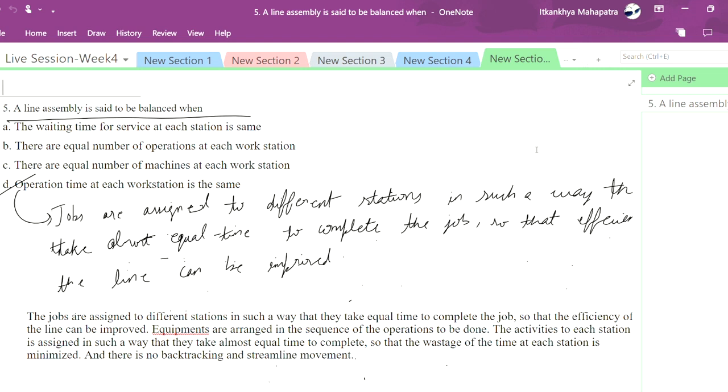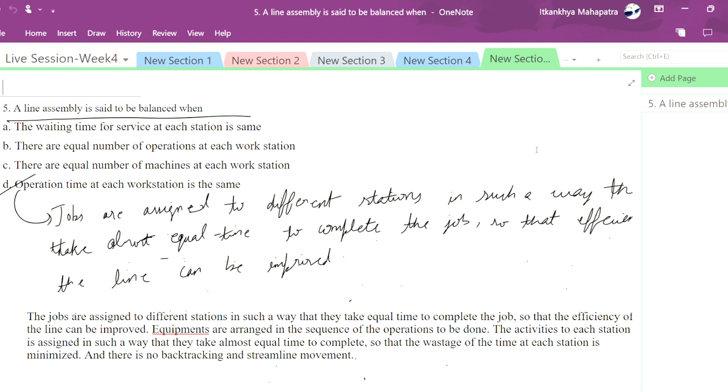So here we assign some work time to each workstation, and the activities are balanced so that we have a minimum number of workstations, and we also calculate the idle time in each workstation.